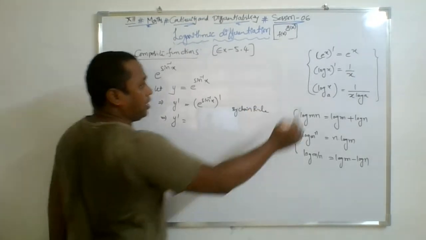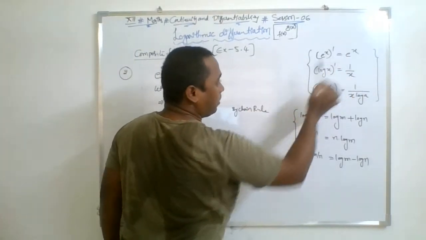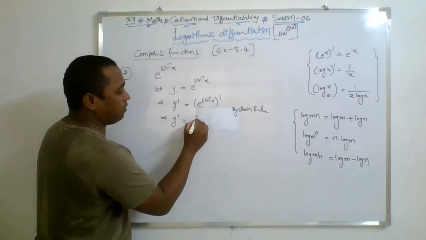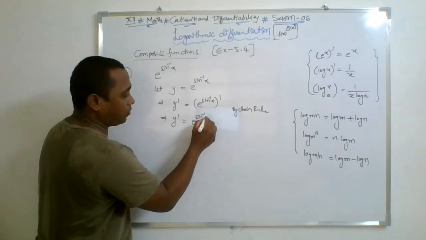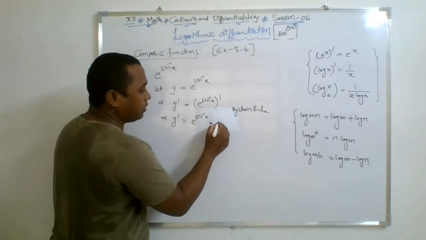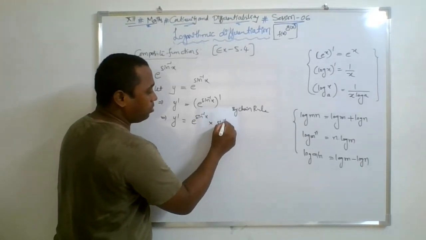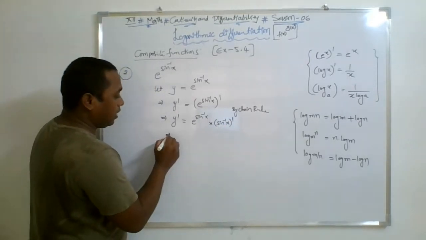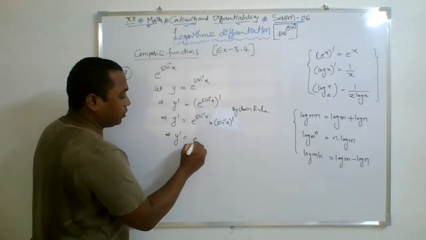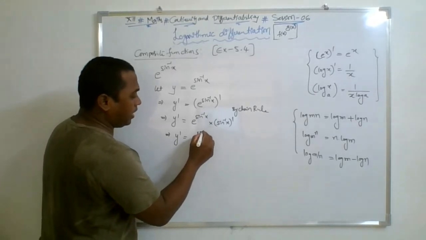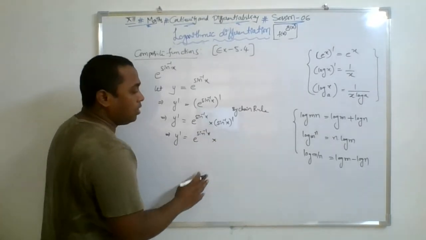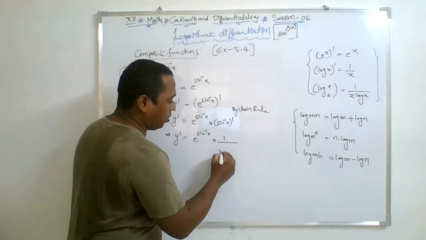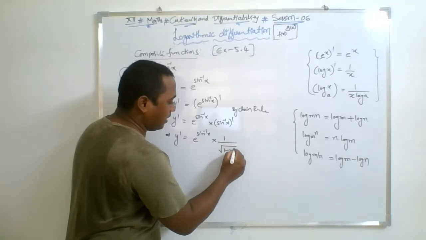Here e power x derivative is e power x, so ultimately e power sine inverse x derivative is e power sine inverse x only, into the derivative of the function sine inverse x in the next step. So y dash equals e to the power of sine inverse x into, and you know the derivative of sine inverse x is 1 upon under root of 1 minus x square.